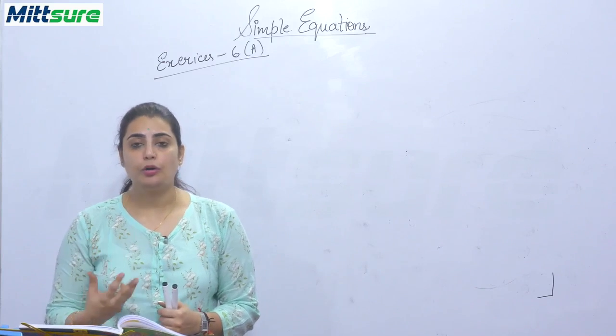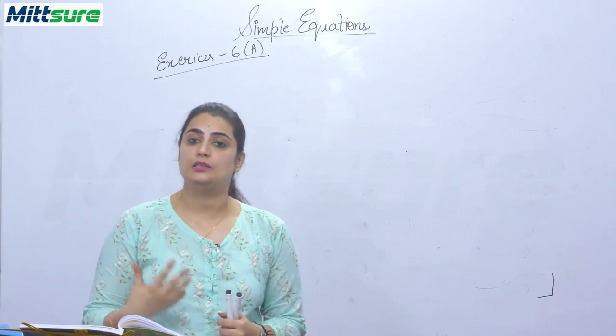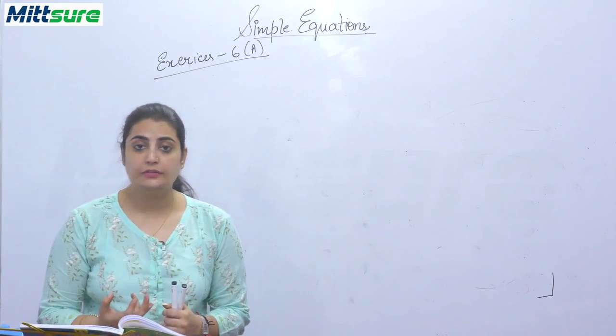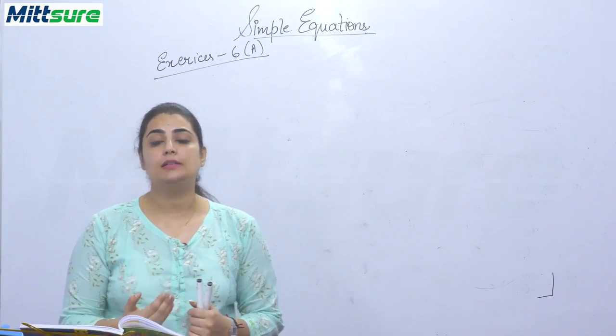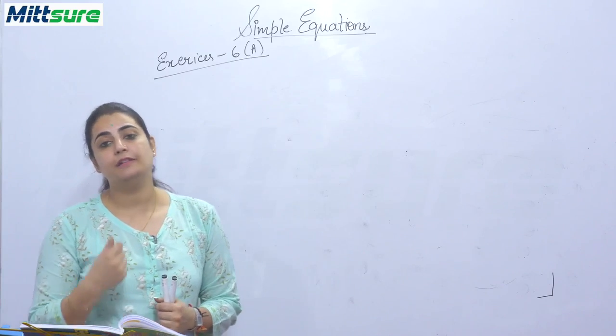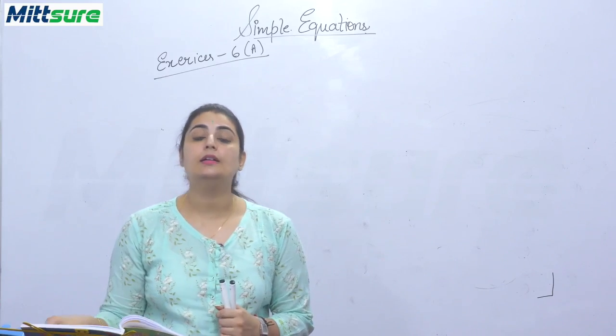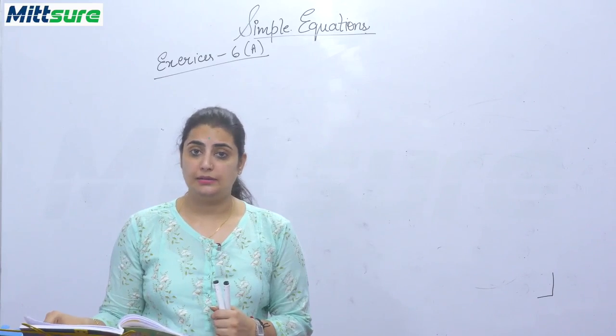Then we spoke about what methods could be used if I ask you to find a solution for a given equation. We learned about the first method, the trial and error method.